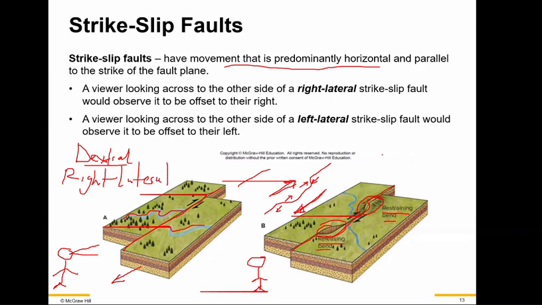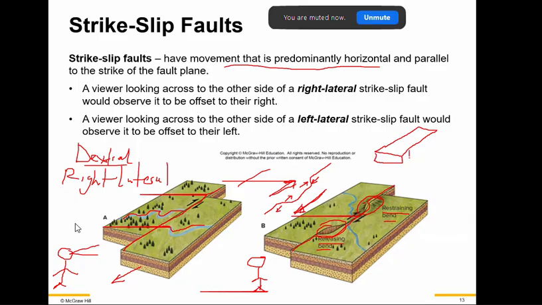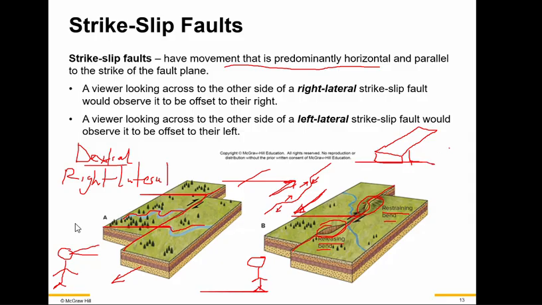So I'll draw this again, say the left block was the block that was coming towards the viewer. Okay? And in fact, the right block was going away from the viewer. Okay?